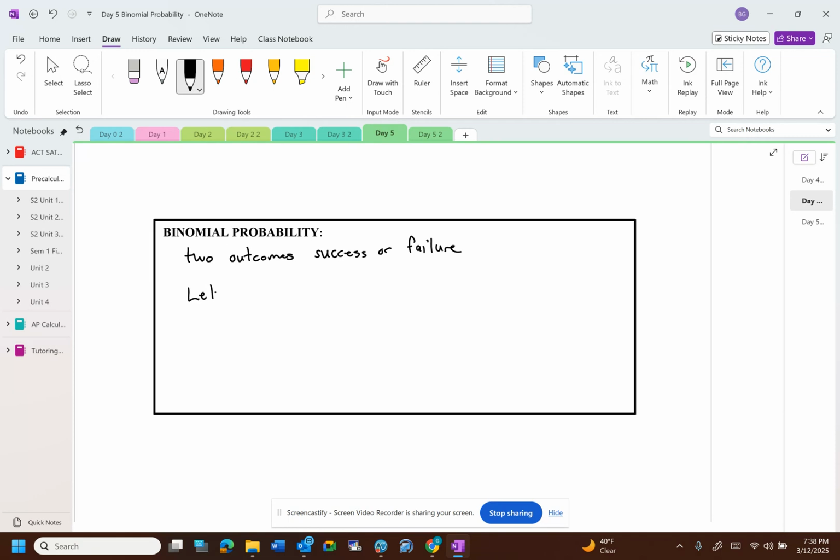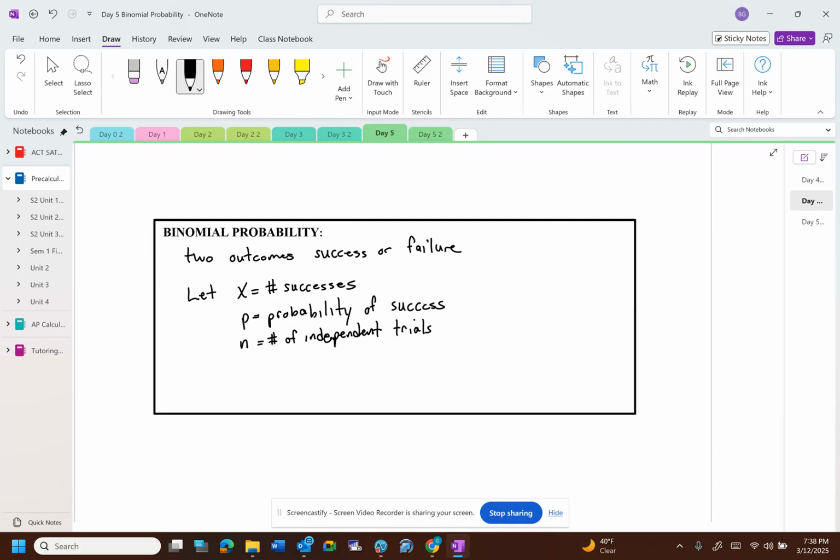We'll let x be the number of successes, and p is the probability of success. And n is the number of independent trials.